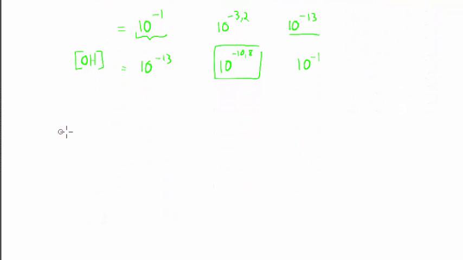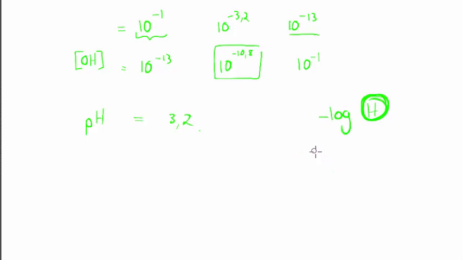Okay, so they give us the pH. pH is 3,2. Now I know pH is negative log of, no, sorry. I don't want pH. pH stands for negative log of H. I don't want hydrogen, I want hydroxide.